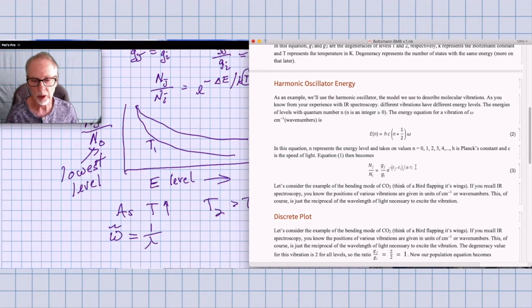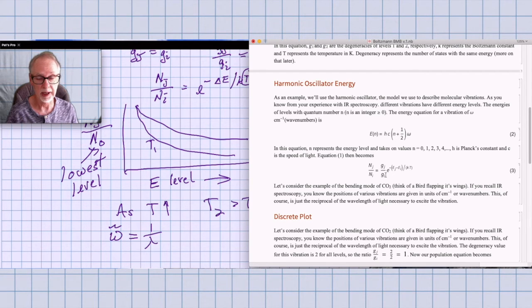Now, one of the things that we're going to note is that when we talk about these vibrations, right now we're going to be talking about situations where the degeneracies of the two levels are the same, and that means that we've got this situation where the ratio is equal to 1 for the vibration.